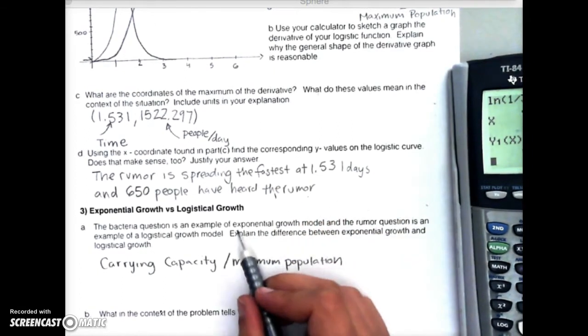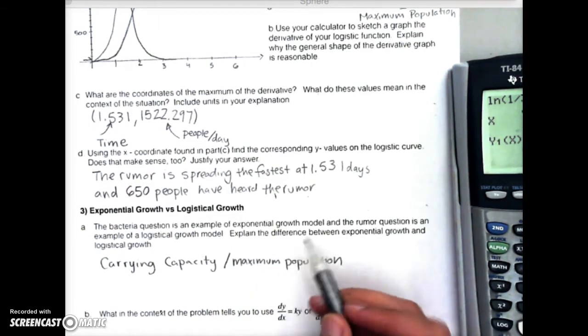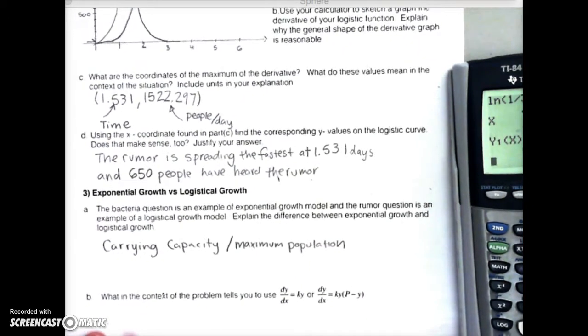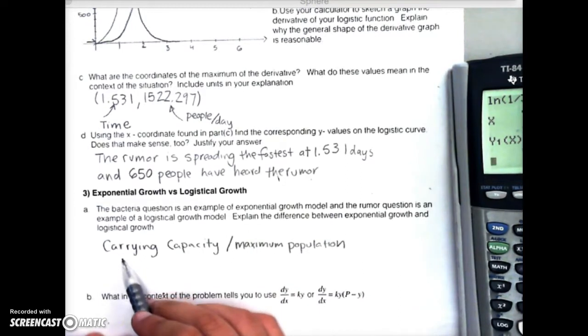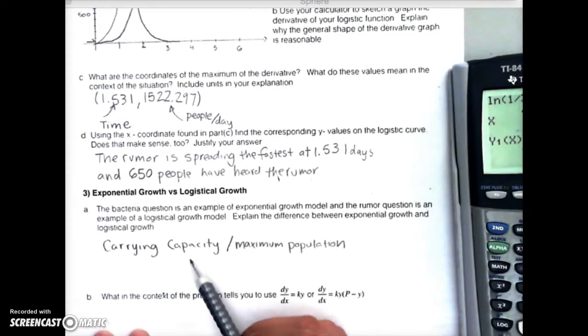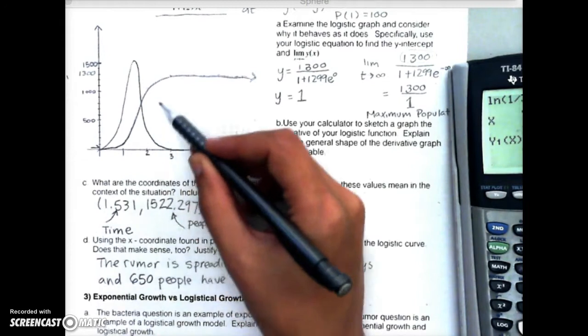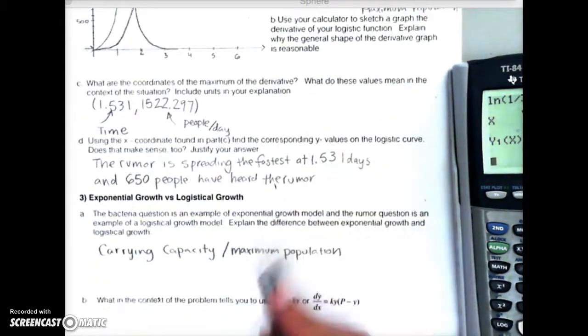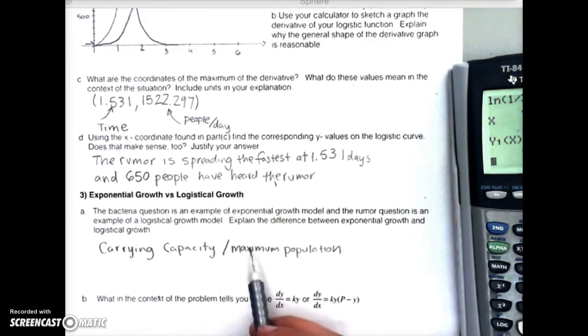Exponential growth happens when there is no limiting factor, where it can just keep on increasing without limitation. But logistic growth has a carrying capacity. There were only a limited number of students who could know the rumor. So then we end up with this shape of a curve. The limit as exponential growth goes to infinity is infinity, but the limit of logistic growth is this max population.